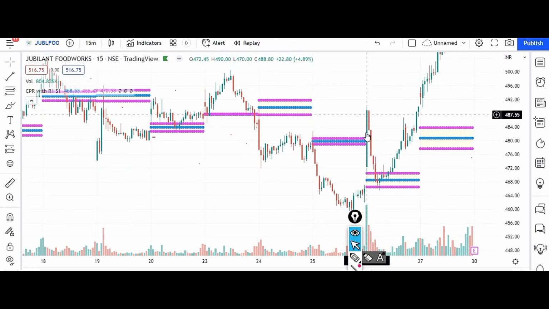This is medium CPR. Price opened here, went up and reversed and respected this level and again went up. Okay. This is medium CPR, went down. This is a medium CPR, opened here, went up, came down and again reversed.